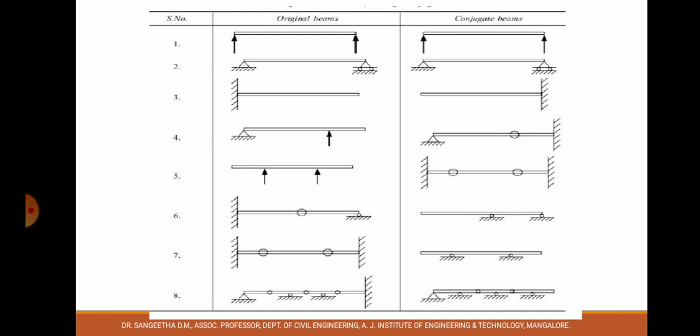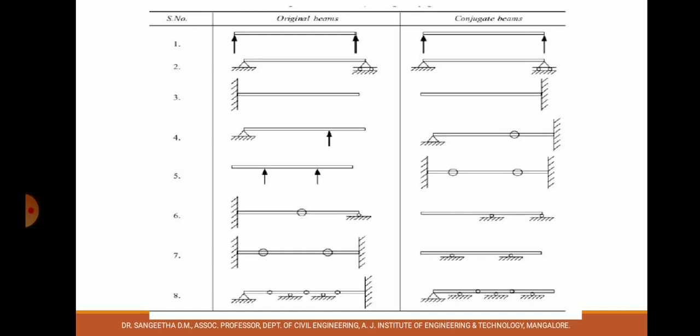So that's how a real beam is converted to a conjugate beam. And in the conjugate beam, how to do the analysis for the loads? We'll solve with numericals. And how to write a conjugate beam for the seventh case? The ends are fixed. They will turn to free ends. Internal supports are hinges. They will turn to simple supports.